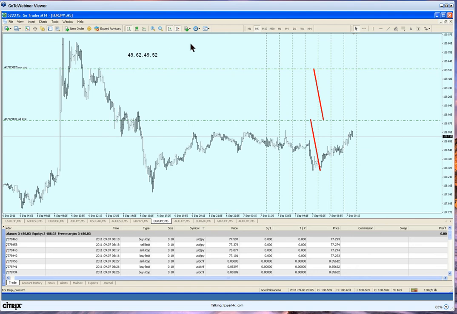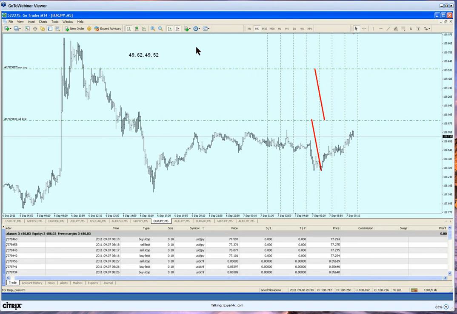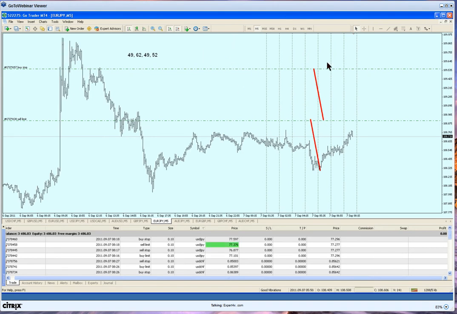In MetaTrader, wherever you put your cursor, let's say I put my cursor there and you right click, it then says trading. It will automatically remember that level that your cursor was at, and those are the prices that it will automatically put into your pending orders. So that's just a little quirk of MetaTrader. It's quite handy. I think a lot of programs do that. So that's how that works.